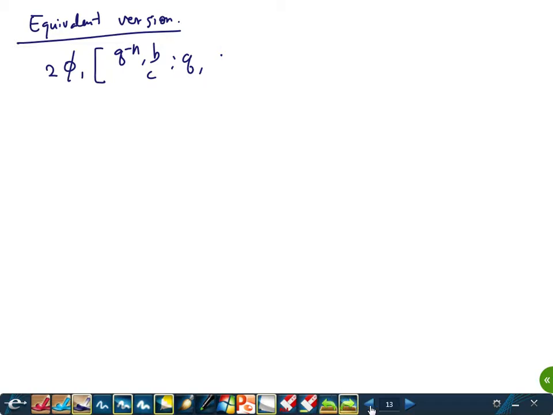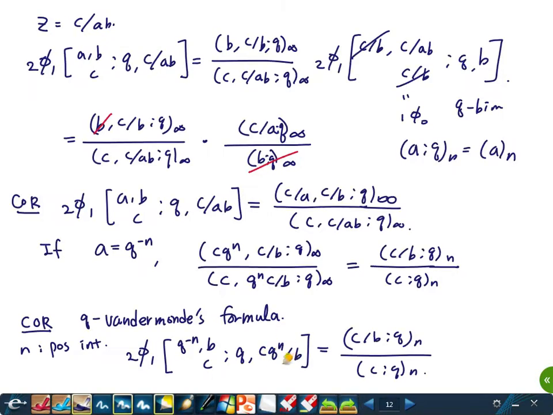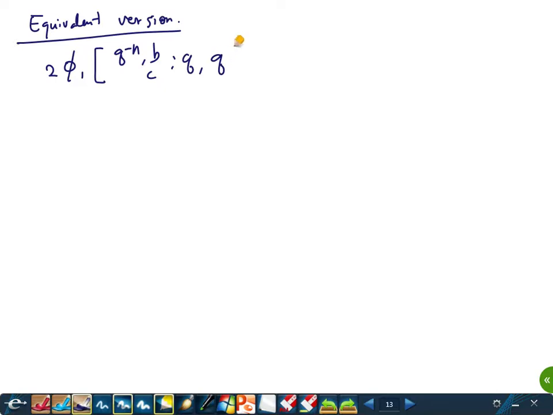So here in the previous page, this is special, determined by these three things. But if this is just q, then this is also expressible as a product. This is basically equivalent to the Vandermonde identity, so this is also called q-Vandermonde identity. They are equivalent.